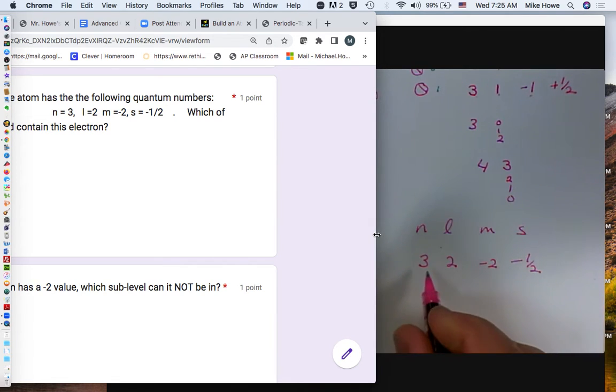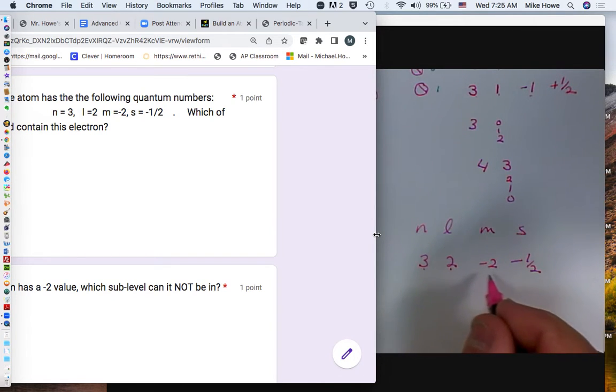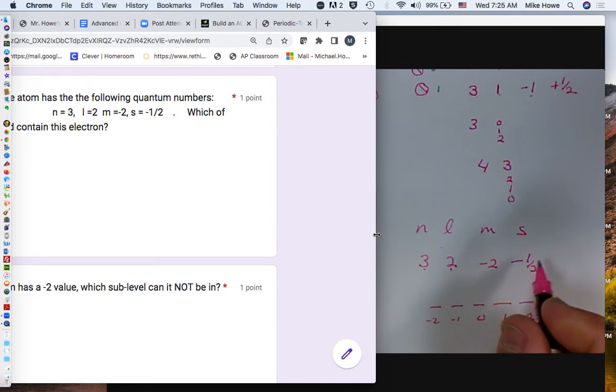All right, so this is a 3D sublevel. So this element's in the 3D position. I'm going to draw the orbitals out for the 3D. There will be 5 of them: -2, -1, 0, 1, and 2. By convention, we're going to go negative to positive. And we said the second electron would be the negative value, the first would be positive.